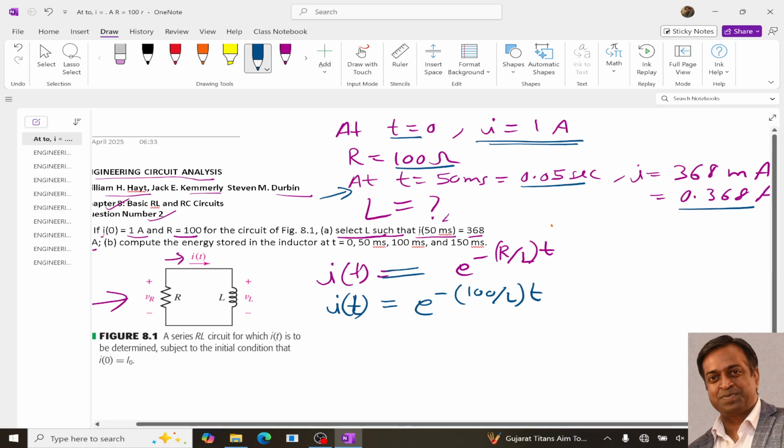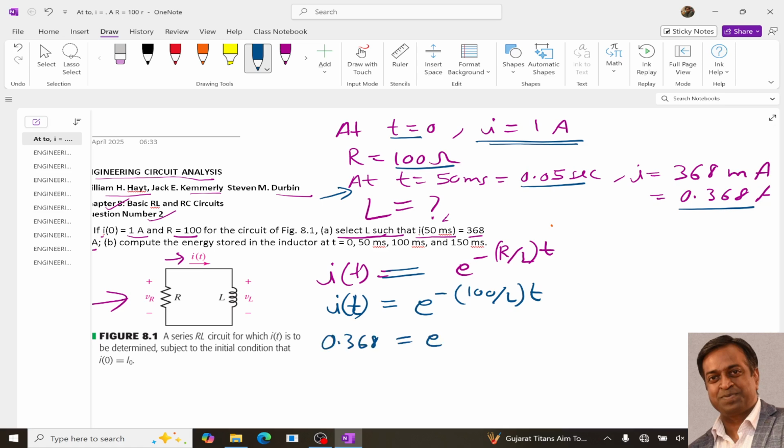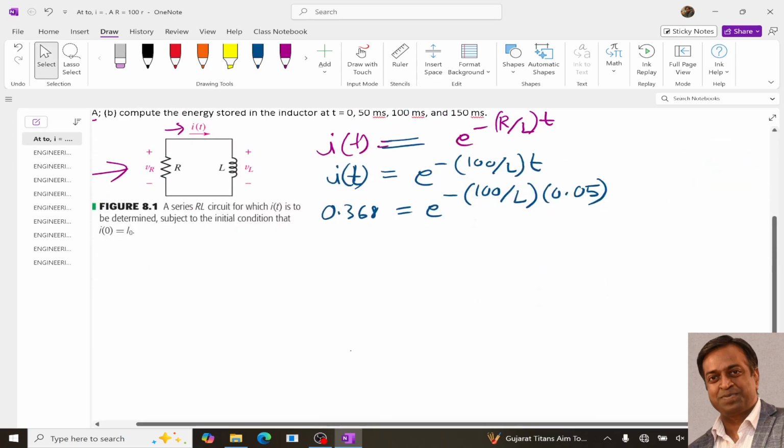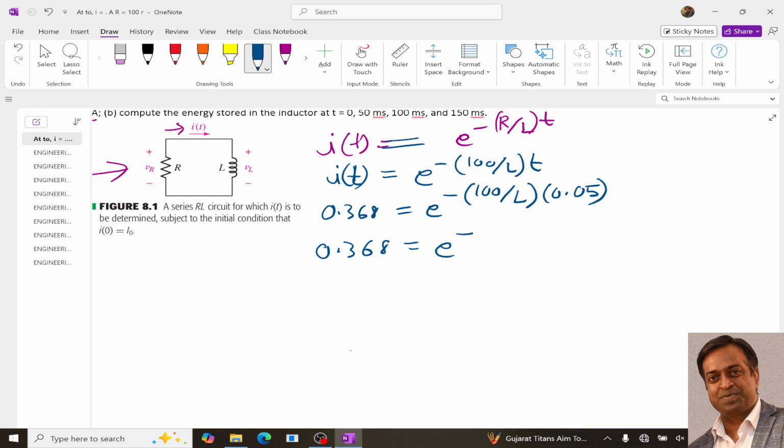So substituting this value, 0.368 equals e to the power minus 100 divided by L times 0.05. It means 0.368 equals e to the power minus 5 upon L.